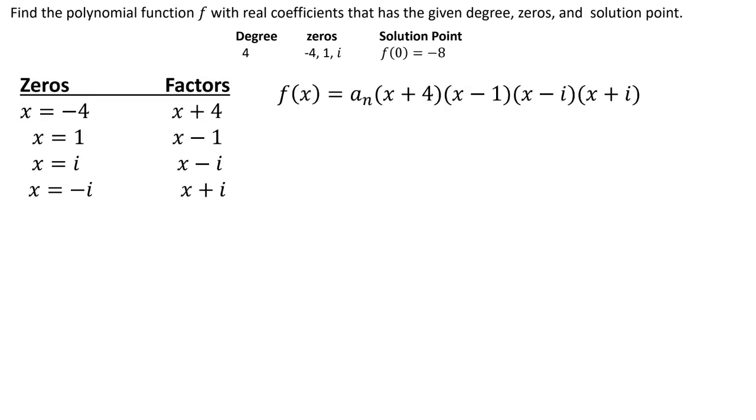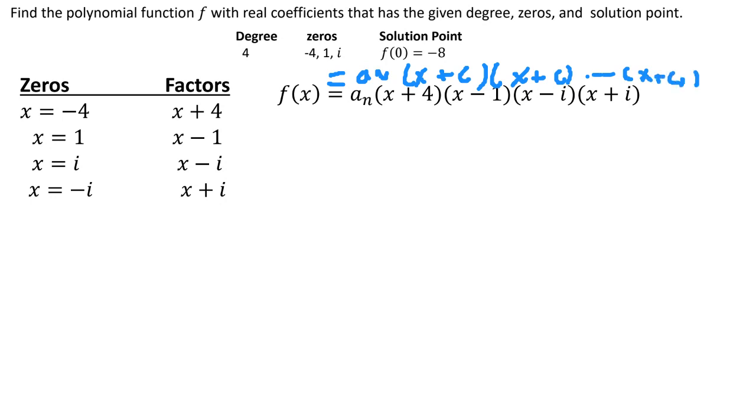The linear factorization theorem says this: if I multiply all the linear factors together, I'm going to get the polynomial. I didn't write the theorem, but just really quick, this is equal to a sub n times x plus c1 times x plus c2, dot dot dot all the way up to x plus cn.